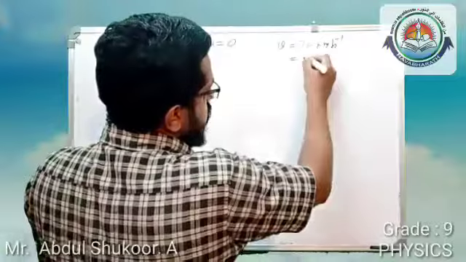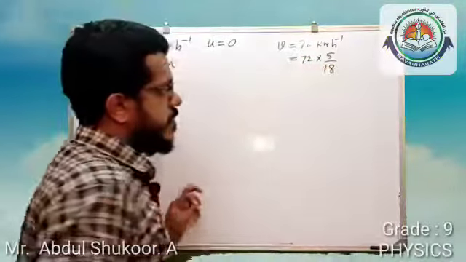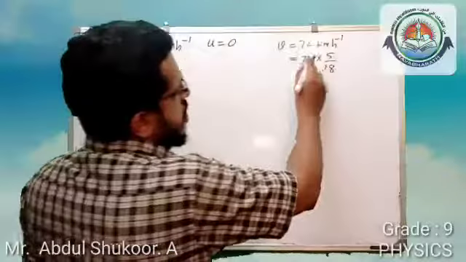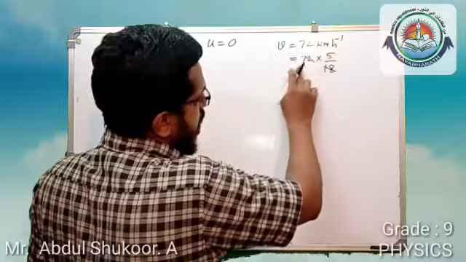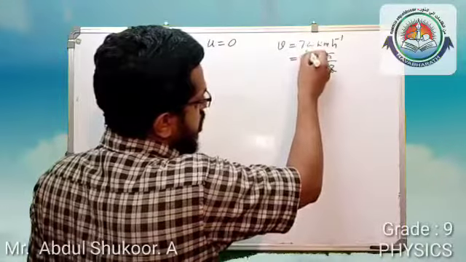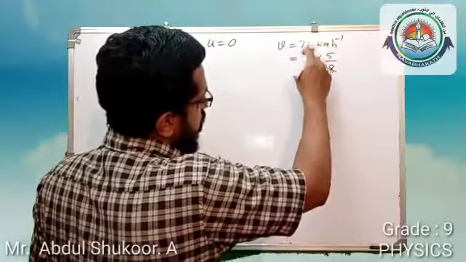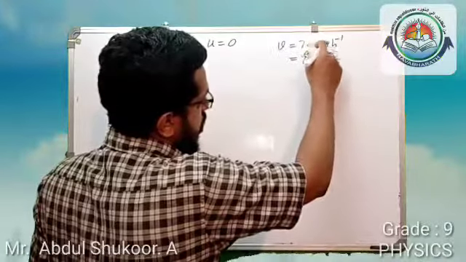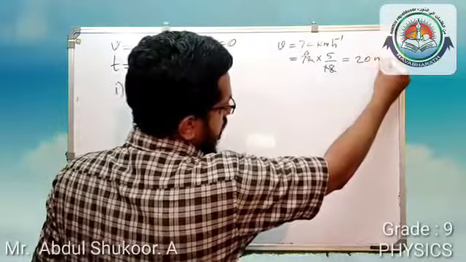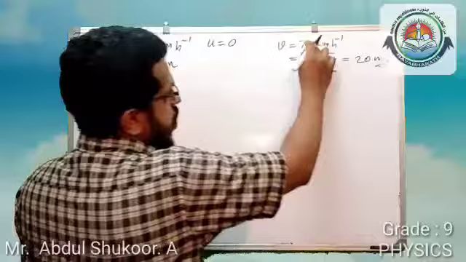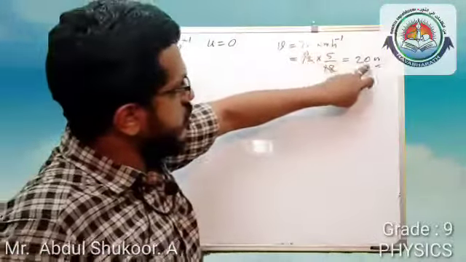That is 72 into 5 by 18. 72 divided by 18 is 4, and 4 into 5 is 20 meter per second. That is the value of 72 kilometer per hour, equal to 20 meter per second.